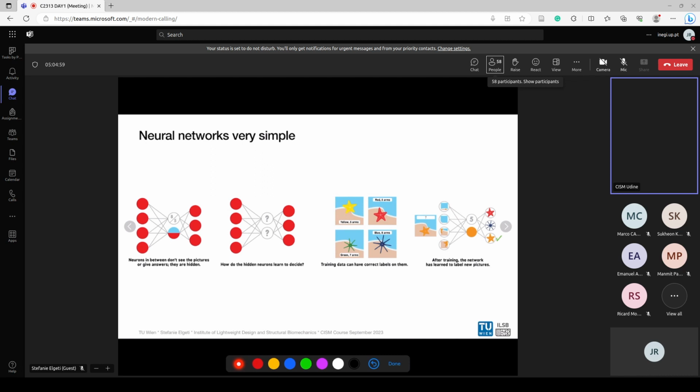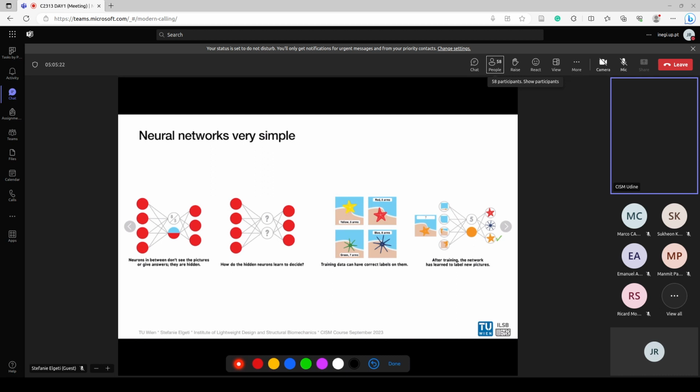This one makes decisions about the number of arms. This one makes decisions about colors somehow. How does it know? Well, we give it training data. We say this is green with 7, this is blue with 8 arms. And then if it gets a new picture, it can decide what kind of picture it is.